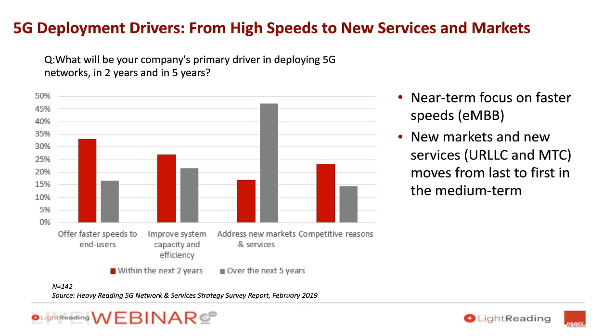The near-term focus is clearly on faster speeds. You can see that first bar, the red bar on the far left, getting the highest traction within the next 2 years. So this is the enhanced mobile broadband types of applications, the kinds of things that are enabled by Release 15 as well.